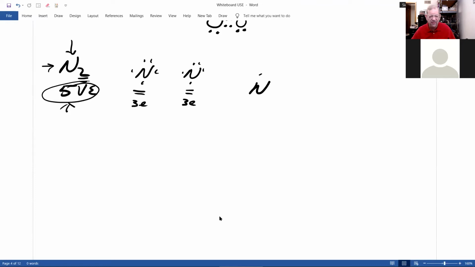Let's share. The non-bonding electrons, those not involved in a bond, are still there. And 3 times 3 each is 3 pairs. And that's a triple bond.